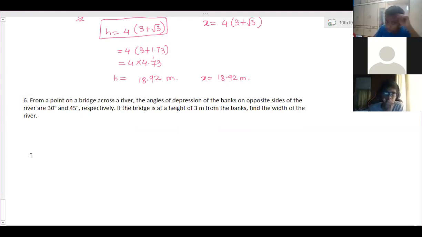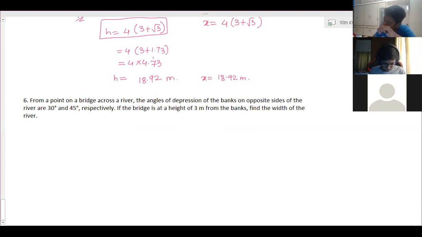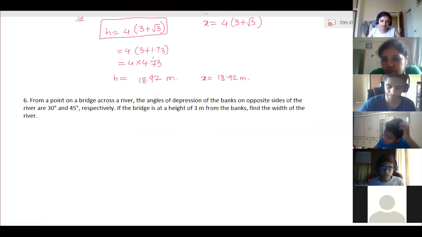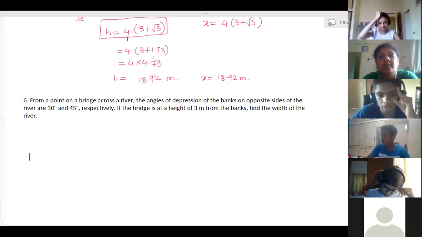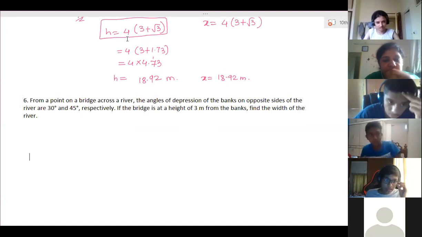So can you draw the diagram and show me? Can you show the diagram?